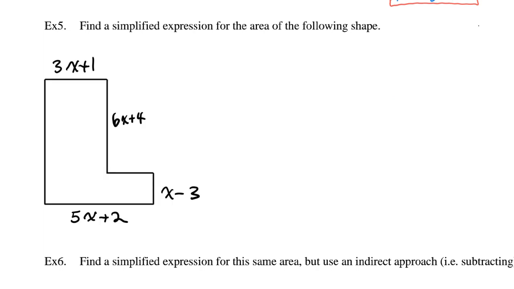So now what we need to do is calculate an area for this shape that we have here. Now we're asking for a simplified expression. So in order to make this as simplified as possible, what we should do is split our shape as nicely as possible so that we have no other calculations to make.